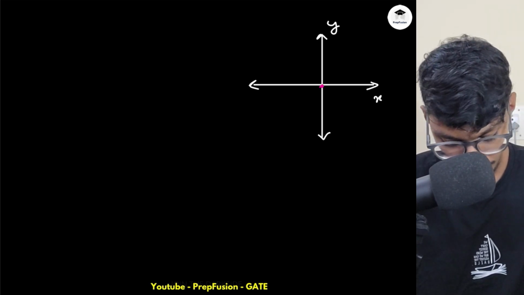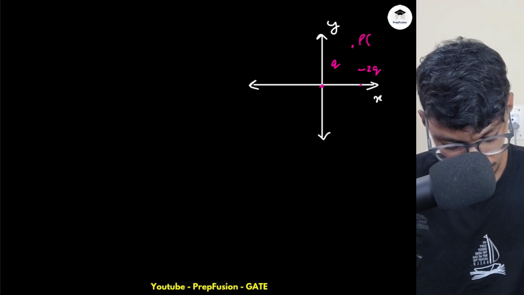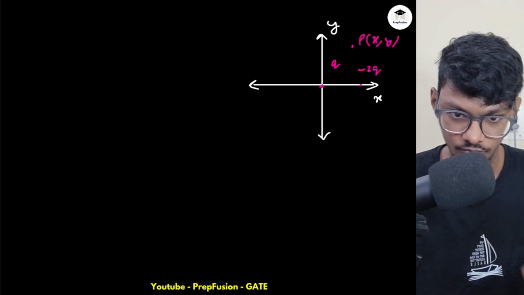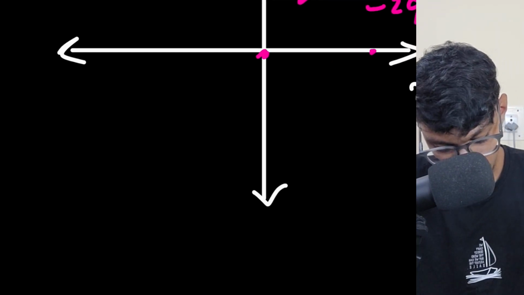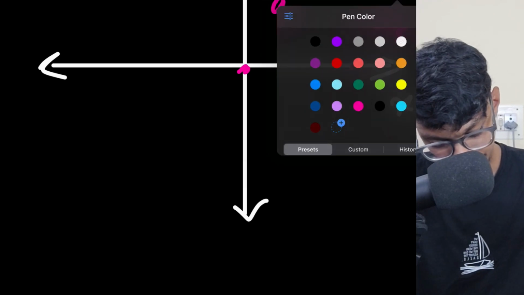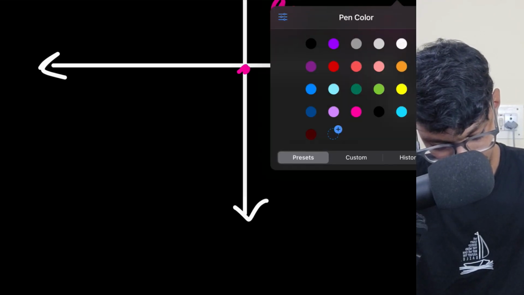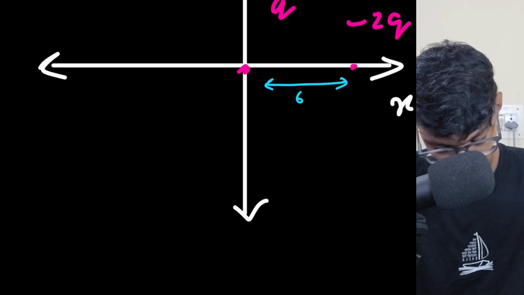So here I have a q charge and I have a minus 2q charge, correct? And any point P equals (x, y) I have. I will assume this is in the first quadrant, and this distance is 6, correct?